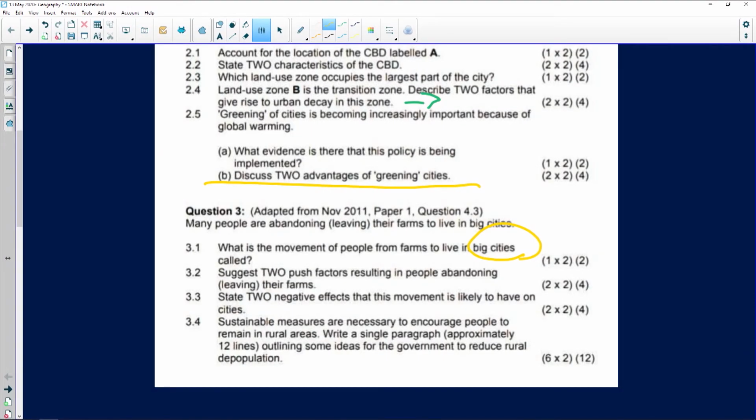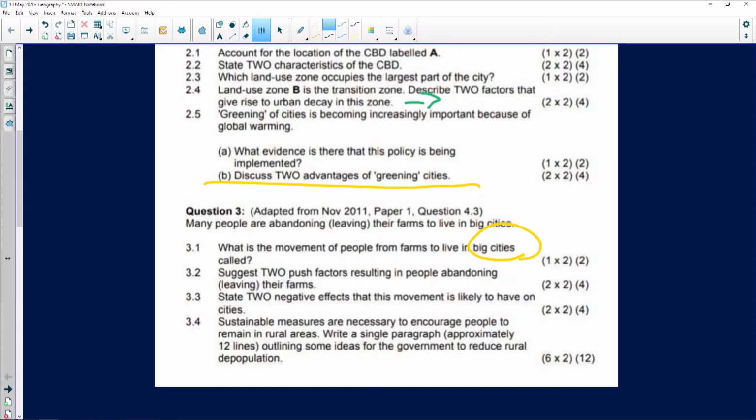When we look at urban cities, big cities, what do we focus on? We focus on secondary and tertiary activities. Now, the movement of people from these rural areas to the urban areas is known as rural-urban migration. Okay. Now, 3.2 suggests 2 push factors resulting in people abandoning, leaving their farms.